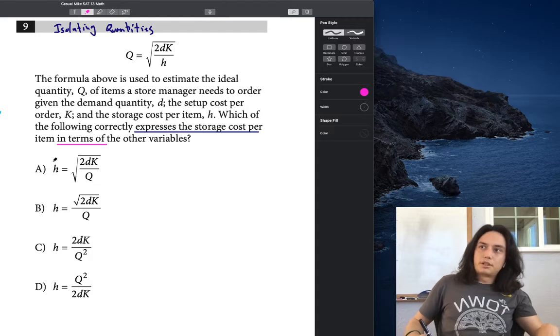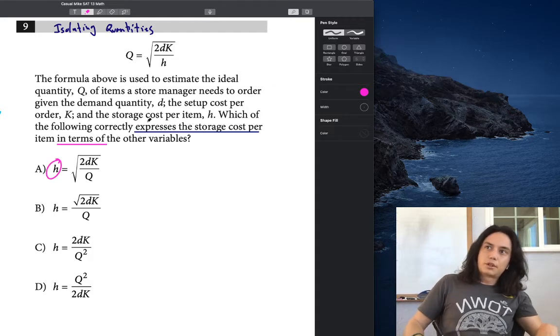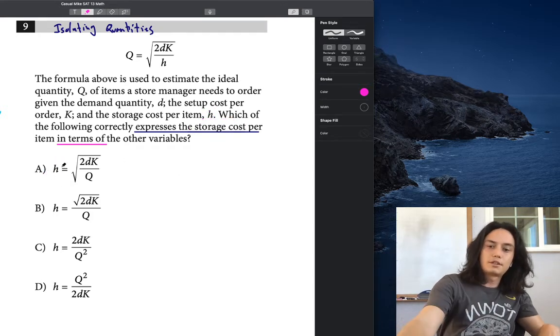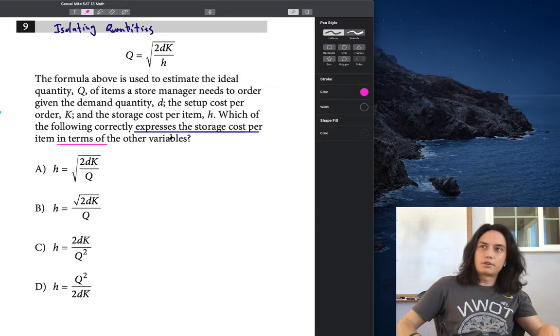So here the thing they're pointing to is H. They're saying, which of the following correctly expresses the storage cost, which is H. Storage cost per item is H. And they're asking, which of these equations gives you the storage cost in terms of the other stuff?